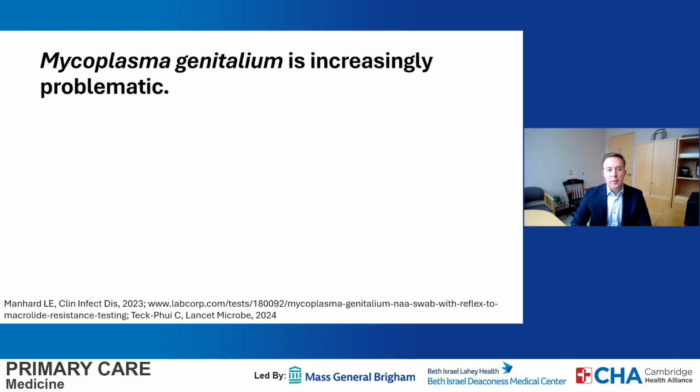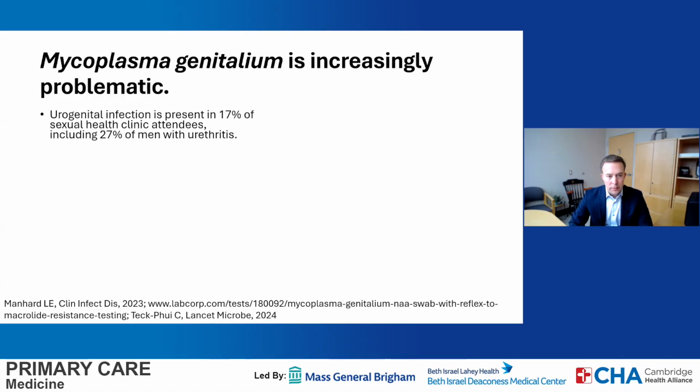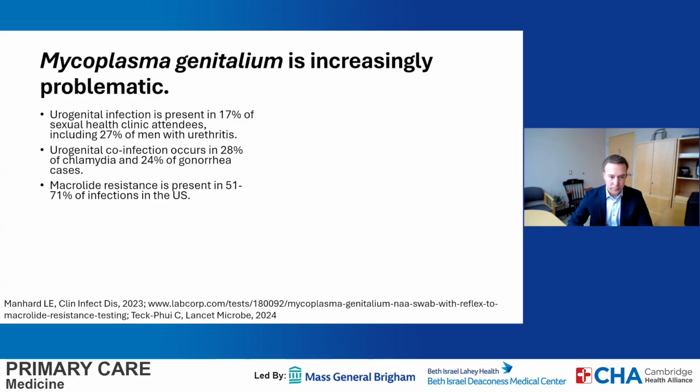Taking a step back for a moment, though, I want to highlight that Mycoplasma genitalium is really increasingly problematic. We know that urogenital infection is present in 17% of sexual health clinic attendees, including just under a third of men with urethritis. And even if someone is diagnosed with chlamydia or gonorrhea, it doesn't mean that they don't also have this organism. Co-infection occurs in around 1/4 of people.